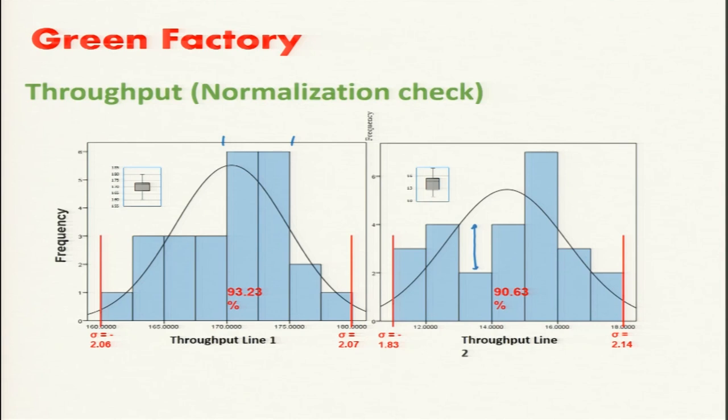As we discussed, the standard deviation here, sigma, is equal to 4.5 units, which was around 2.5% of the mean. Here sigma is equal to 1.5 units, which was around 11% of the mean.